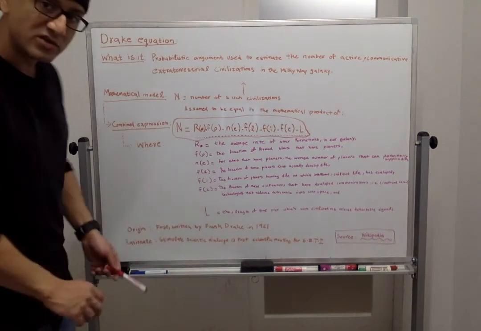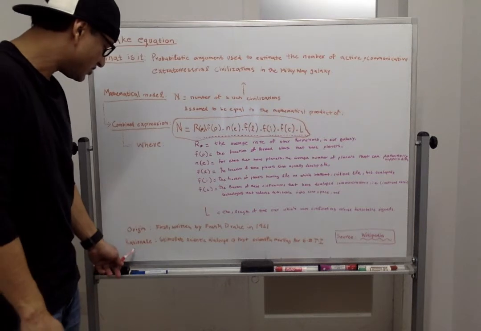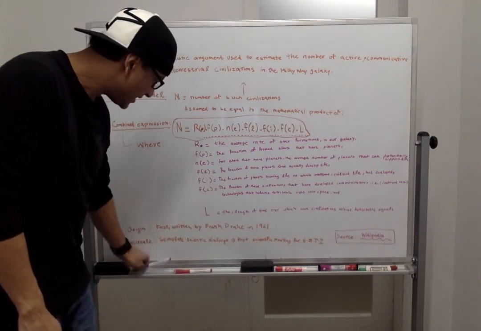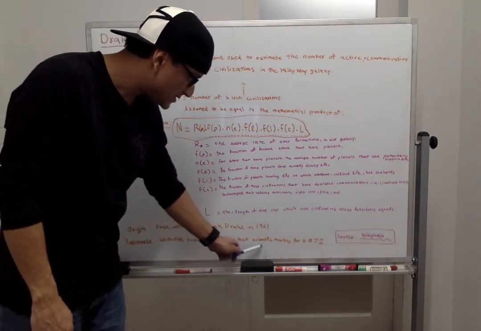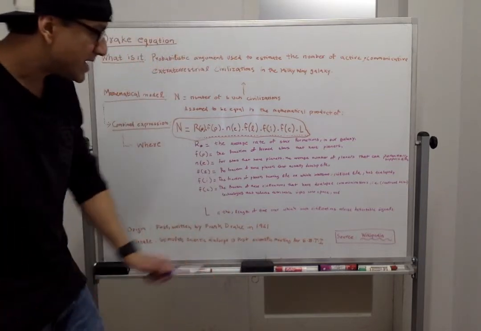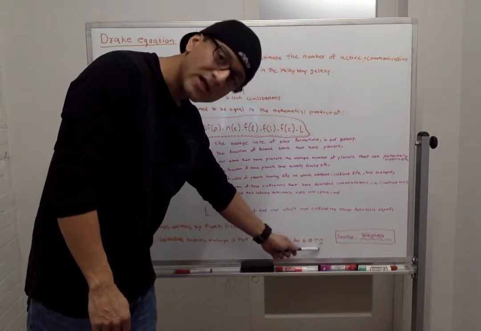And originally, when Frank Drake came up with this equation, the original rationale was to stimulate scientific dialogue at the very first scientific meeting for SETI. And SETI stands for the Search for Extraterrestrial Intelligence.